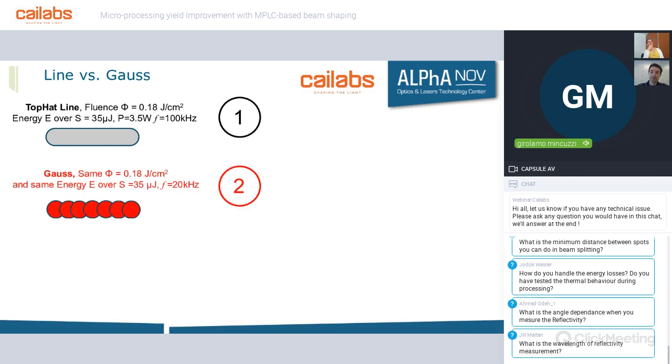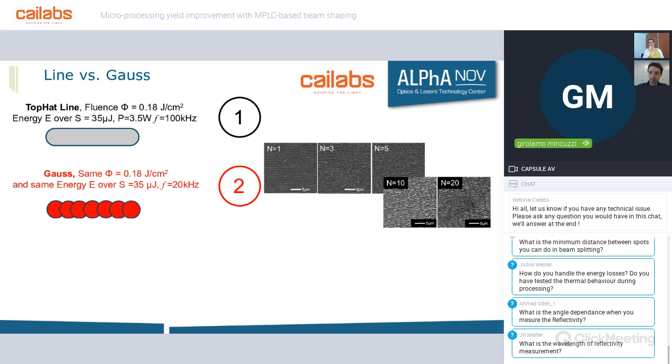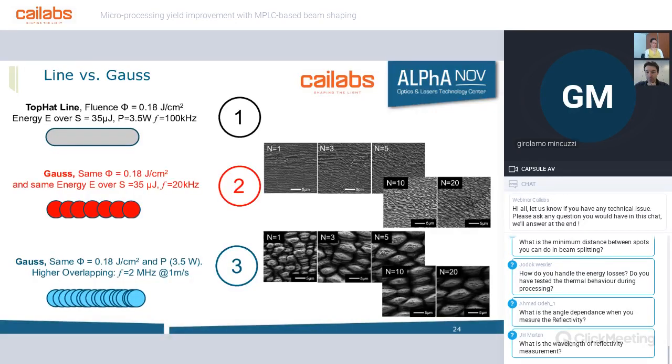We want to compare this with the Gaussian profile having the same fluence and depositing over the same surface the same energy of 35 microjoule. But in this case, we were unable to obtain spikes, which means we were unable to make a black surface. So we decided to fully exploit the repetition rate of the laser, which goes up to 2 megahertz, and we considered the case of a Gaussian beam with the same fluence and same power, but with higher overlapping, exploiting the repetition rate of 2 megahertz.